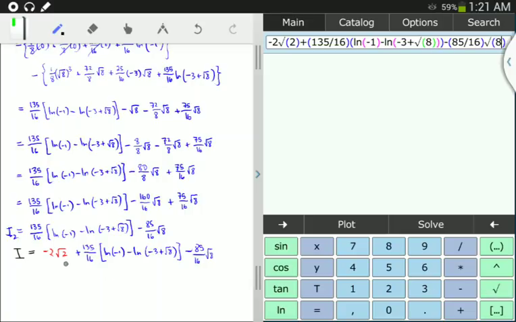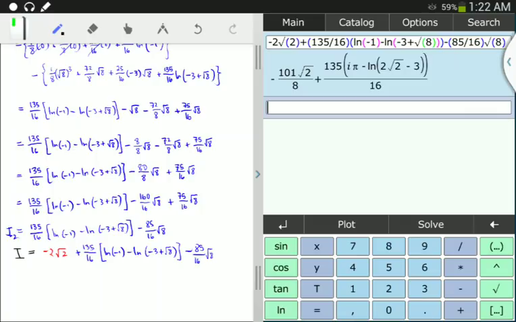Let's check and solve it. It gives the value in the exact form, but when you enter it again, it gives it in the decimal form.